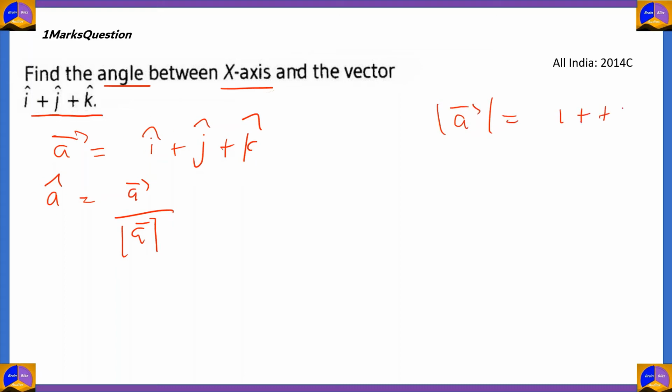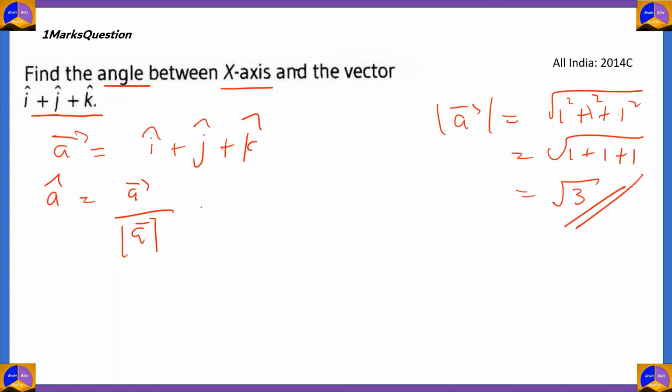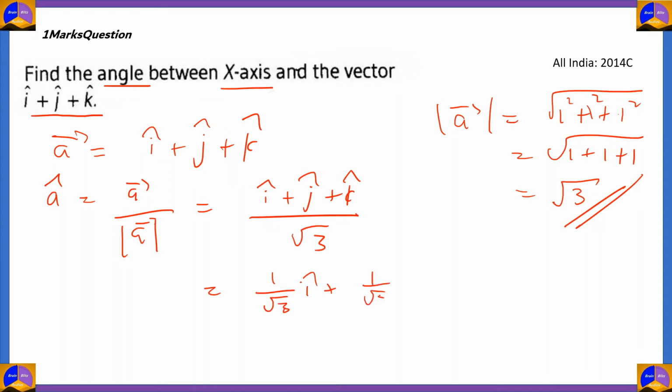So it's 1 squared plus 1 squared plus 1 squared, the whole root. That is 1 plus 1 plus 1, the whole root, that is root 3. So we have i cap plus j cap plus k cap divided by root 3. So it is 1 by root 3 i plus 1 by root 3 j plus 1 by root 3 k.